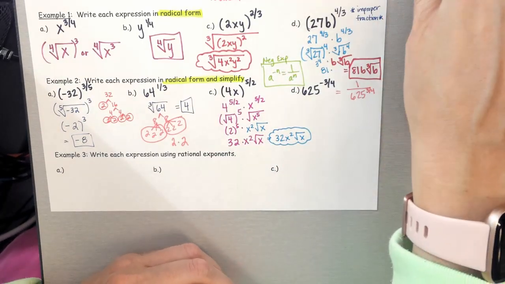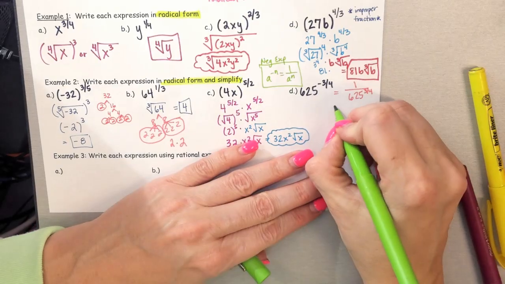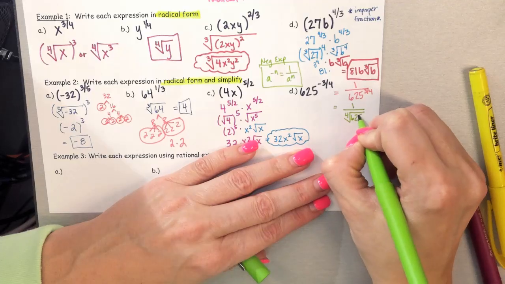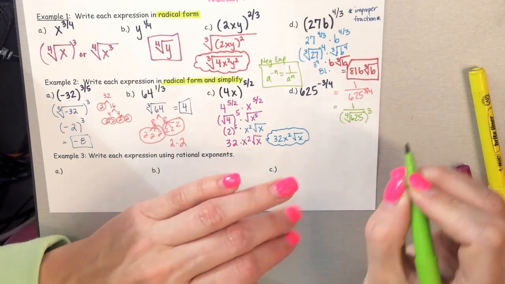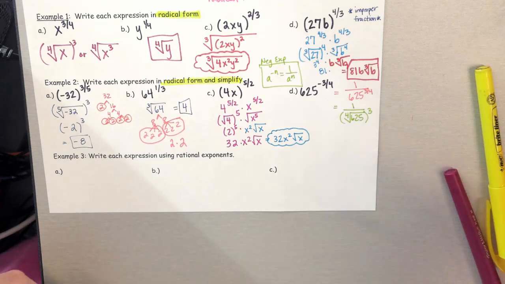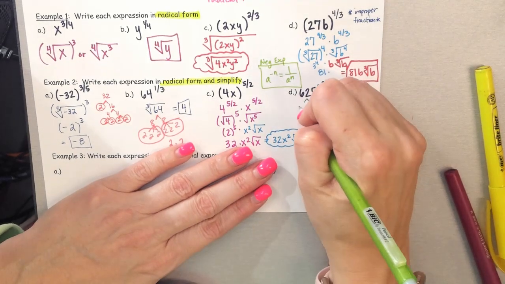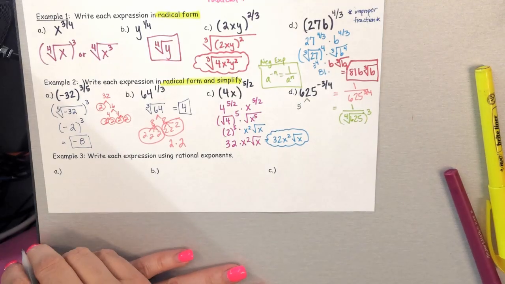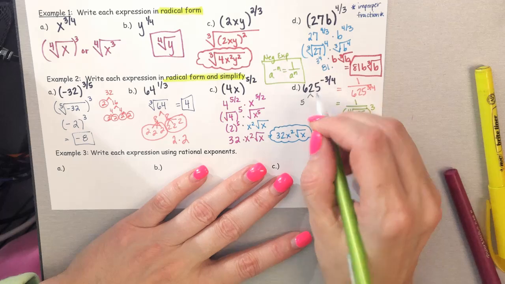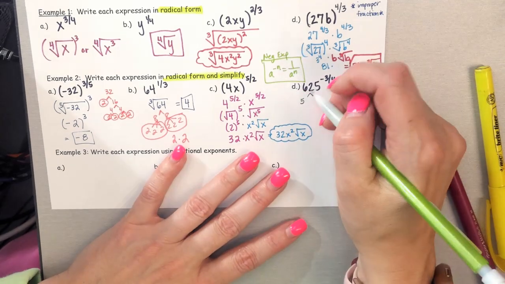And then from there, we're just doing what we have been. We're going to do the 4th root of 625 to the power of 3. What goes into 625? 5. So we can divide that. How many times does 5 go into 60?